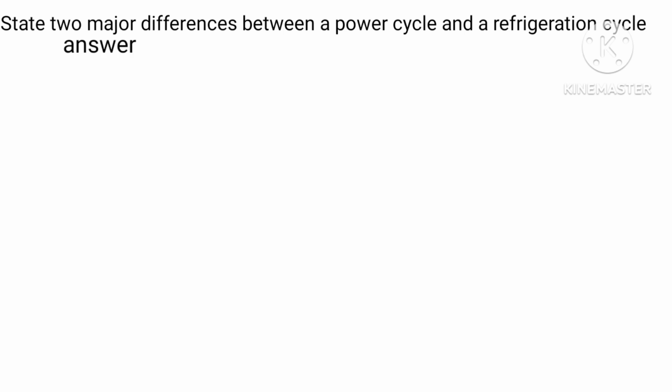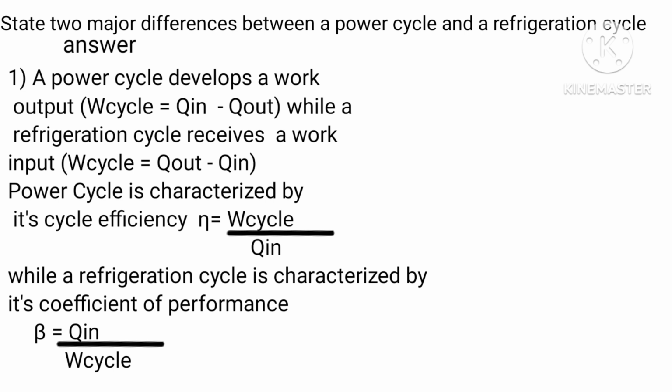And the answer to the question is a power cycle develops a work output, and that is W cycle equal to Q in minus Q out, while a refrigeration cycle receives a work input, and that is W cycle equal to Q out minus Q in.